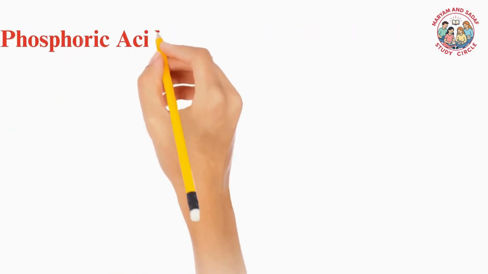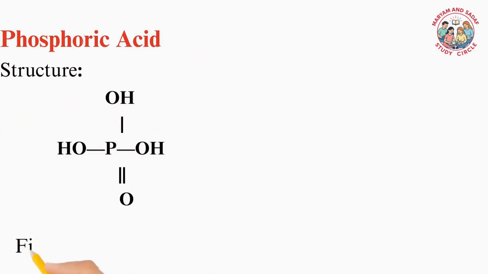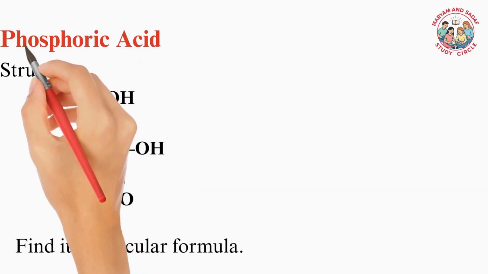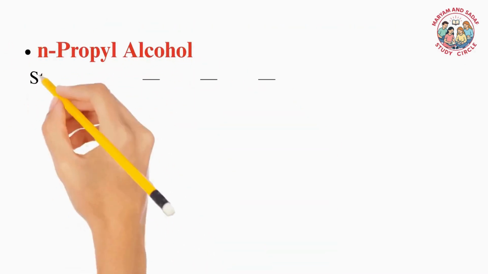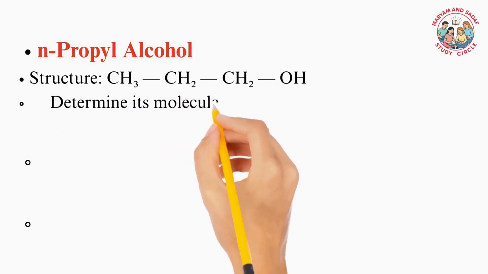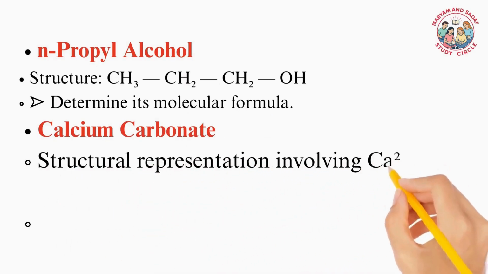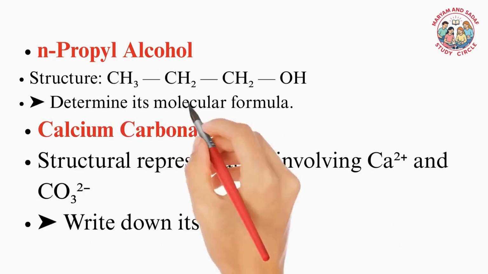Can you find the molecular formula of phosphoric acid? Structures of n-propyl alcohol and calcium carbonate are given. Determine their molecular formulas.